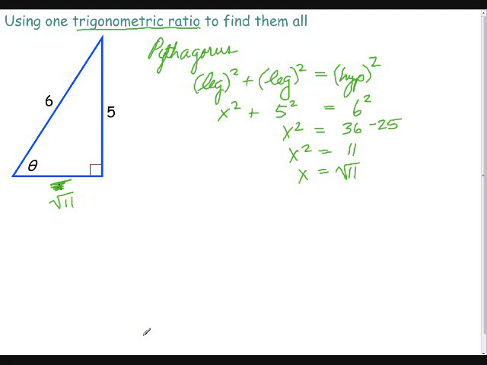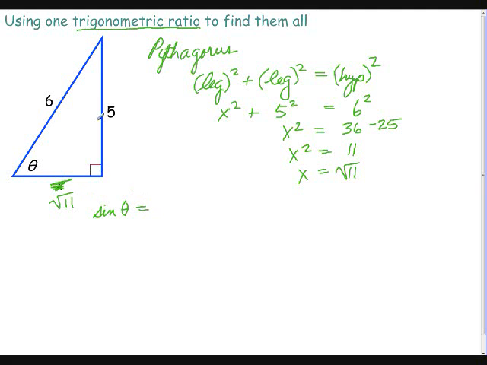We can use this information. We were given just 2 of the sides, and we were able to figure out what the third one was. So now I can do all my trig functions. Sine of theta.